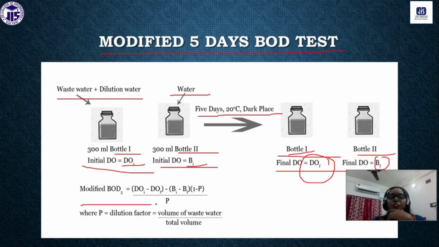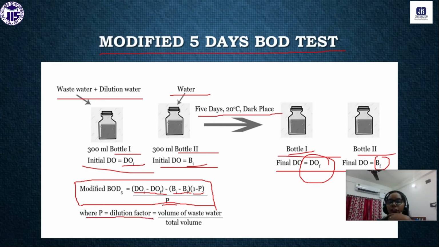Now the BOD 5 will be, look at the equation. This is the whole equation of the BOD 5: BOD 5 equals (DOI minus DOF) minus (BI minus BF) into (1 minus P) divided by P, where P is the dilution factor.